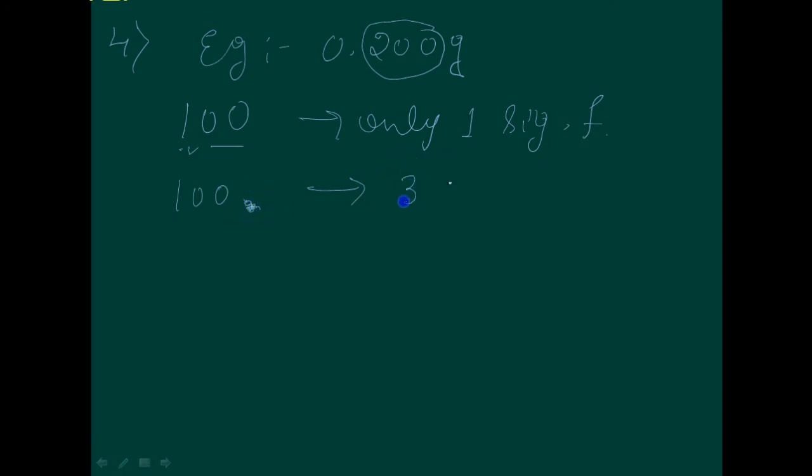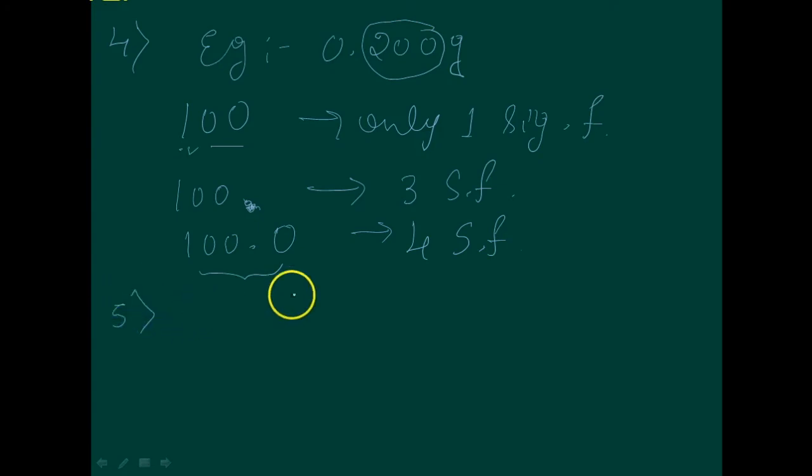Then 100.0 has how many? After the decimal point, you consider all these numbers, so this is 4 significant figures. So this is the fourth rule: zeros at the end or right of a number are significant provided they are on the right side of the decimal point.